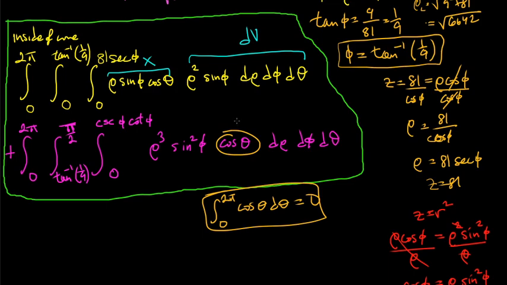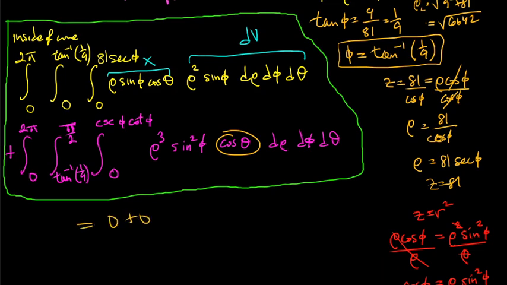But in the end, because there's no theta anywhere in the limits or in the integrand, as long as this is finite and doesn't diverge, you're just going to multiply by 0. So if you were brave enough to attempt to evaluate both of these integrals, you have to add them up, but they're both equal to 0. So you would end up with 0 plus 0 is 0. And that's simply because of the cosine of theta going all the way from 0 to 2 pi.